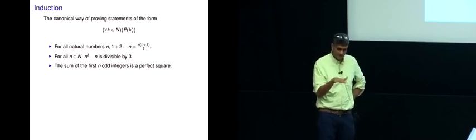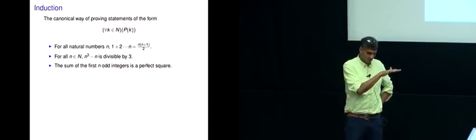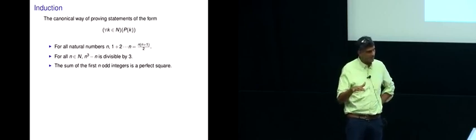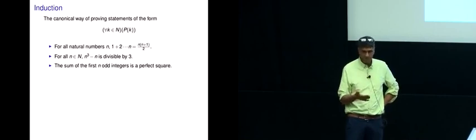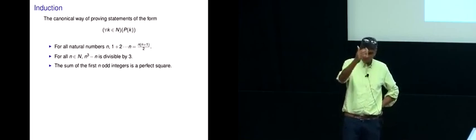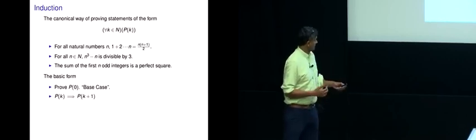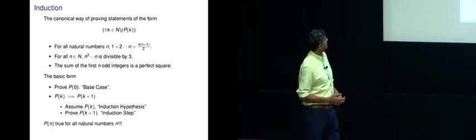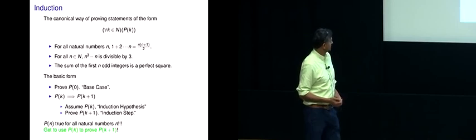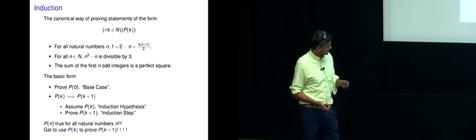It was really useful for Gauss to know that the formula worked for 1 through k to then derive the formula for the next one. So it's a very powerful way to reason from and build up to an infinite set of objects. This is a basic form, and you will do it a lot. So we'll see you next time.